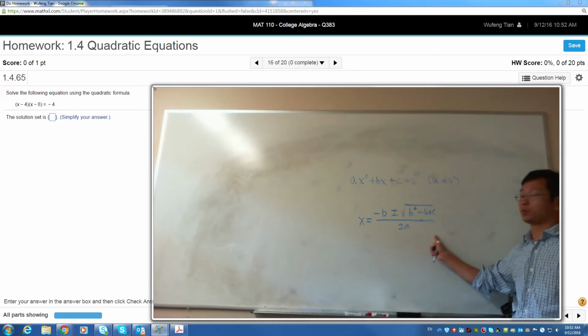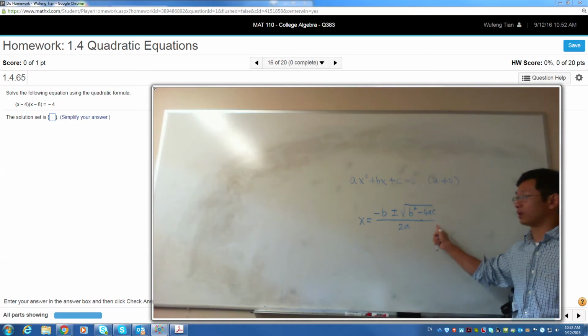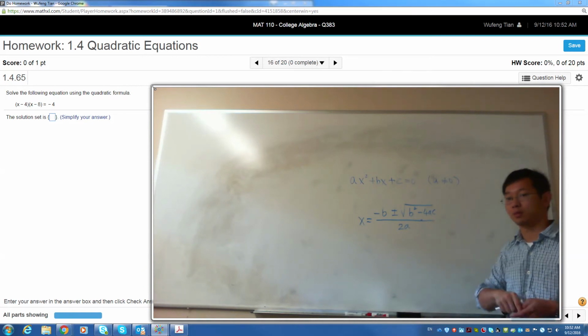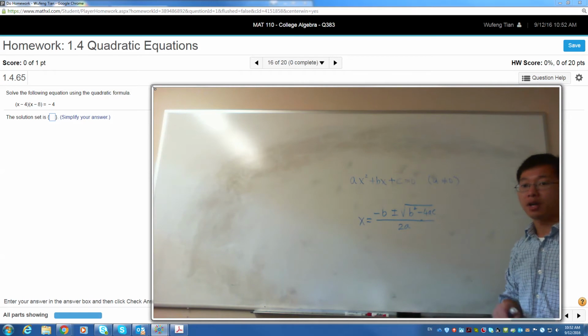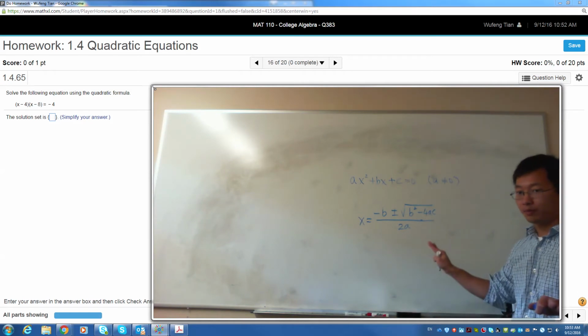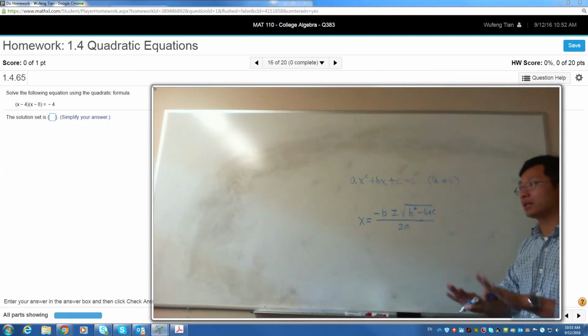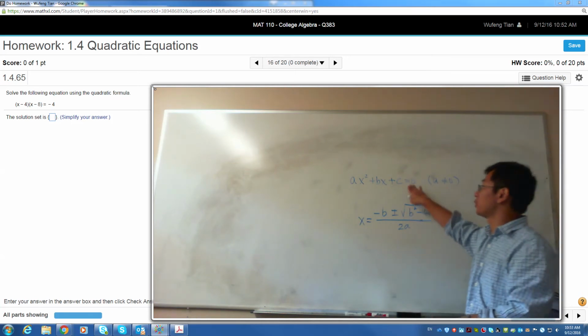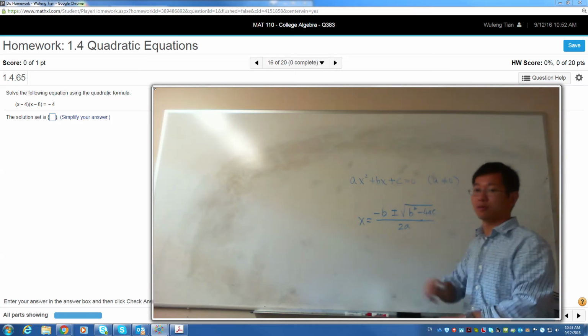If there is something you need to put on your formula card for exam 1, this should be the one for sure. There will probably be other things, but this should be one for sure if you don't memorize it. There are a lot of equations in all kinds of forms. It doesn't matter whatever form it is, as long as you put the equation this way, then you can use the formula.